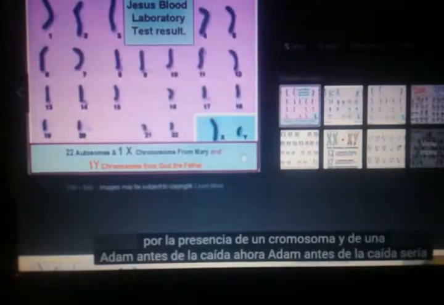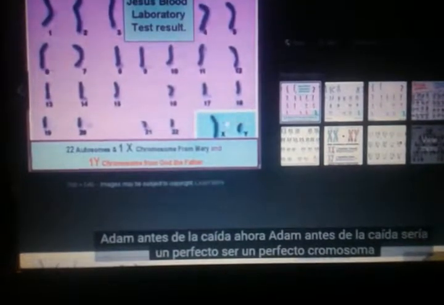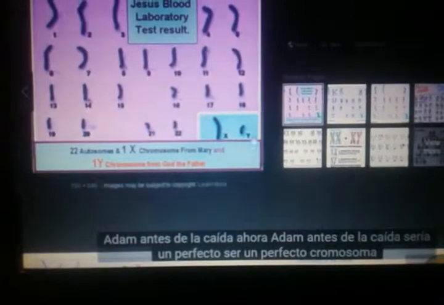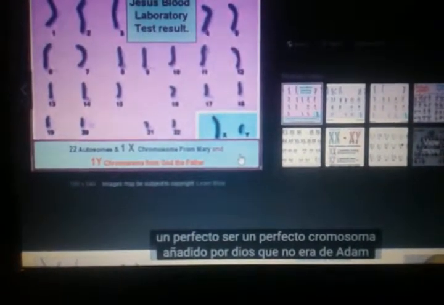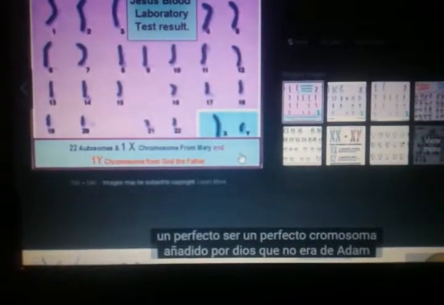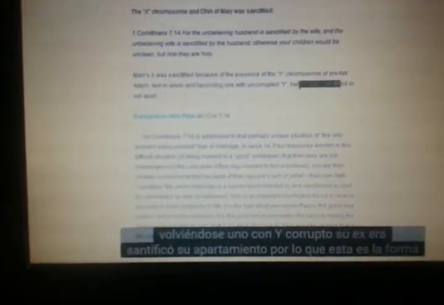Now, pre-fall Adam would be a perfect chromosome being added in by God that was not from Adam's corruption. So it would be a pre-fall Adam Y chromosome. And in this union, becoming one with the corrupted X, her X was sanctified or set apart.